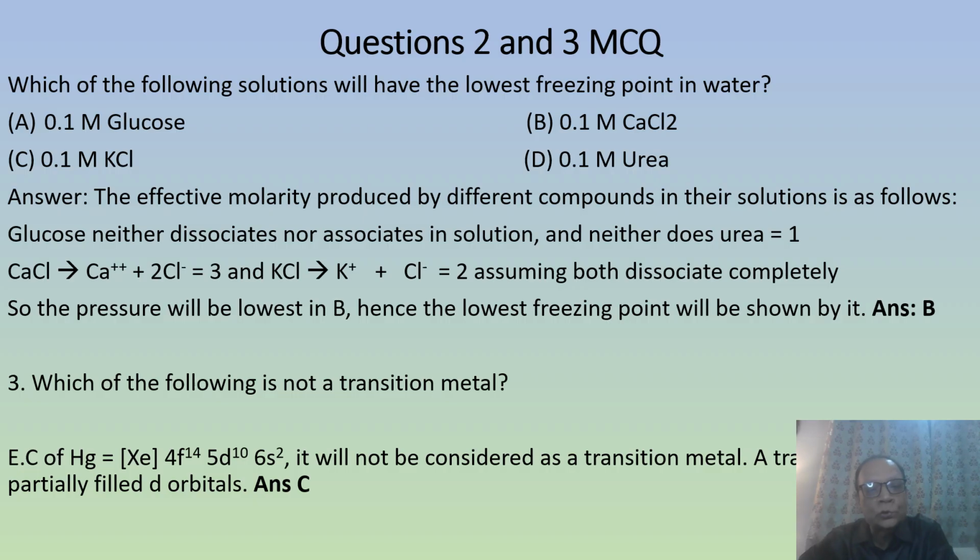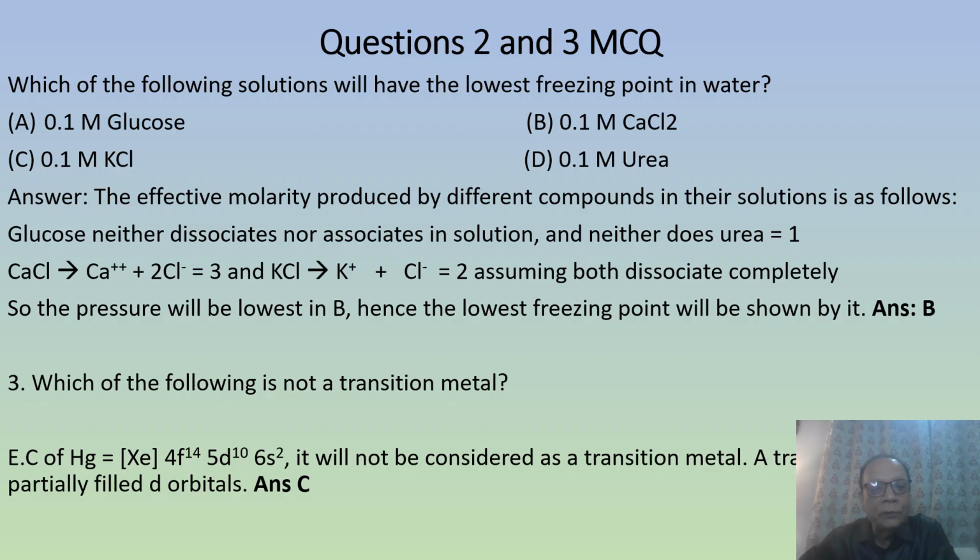Glucose neither dissociates nor associates in solution, and neither does urea. Therefore, molarity is 1. CaCl2 dissociates into 1 calcium and 2 Cl minus ions, so the effective molarity is 3, whereas KCl produces an effective molarity of 2 only, assuming both dissociate completely.